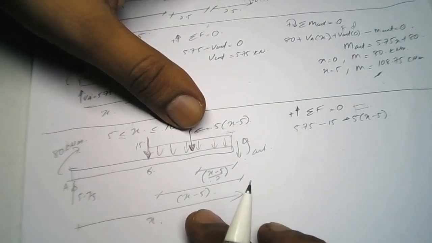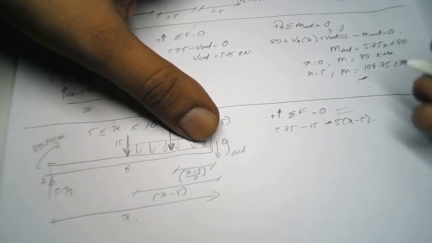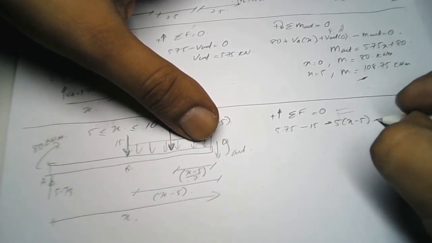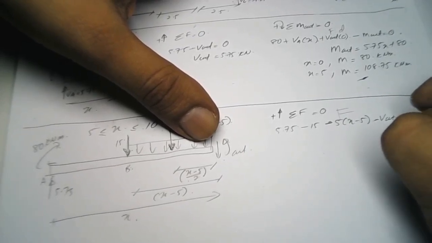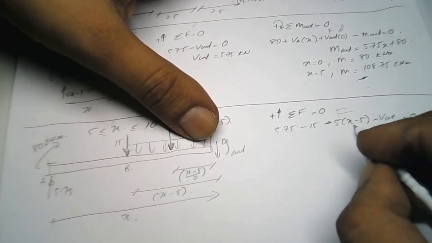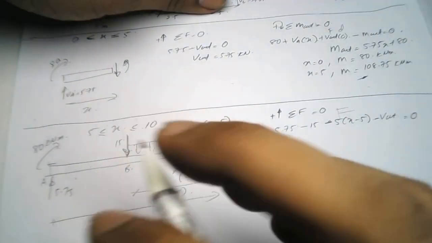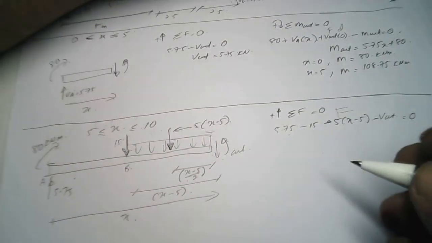Then we have V cut, so negative V cut, equal to 0. Four forces.